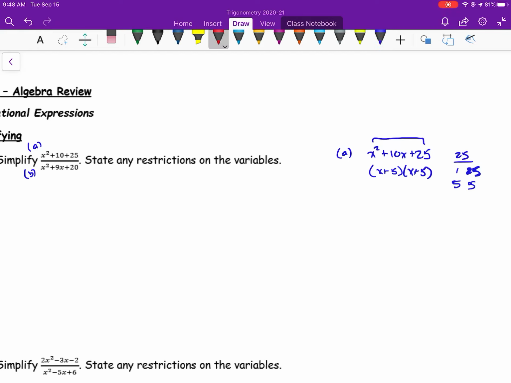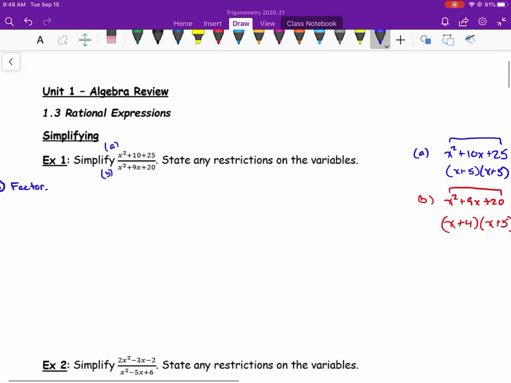Alright, so that's A, and B is x squared plus 9x plus 20. First times last, factors of 20. We need to add to 9, so 2 and 10. 3 doesn't go in. 4 and 5. 4 and 5 work. So x plus 4 times x plus 5.